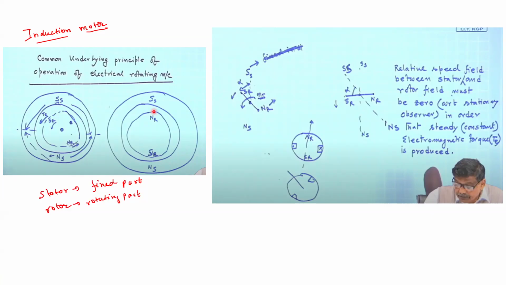So for getting this rotating motion, I think the sir will discuss this in the later classes, in the induction machine, but I'm just giving you something so that you will not be completely clueless.